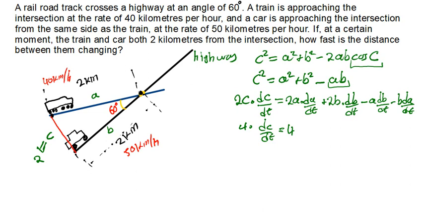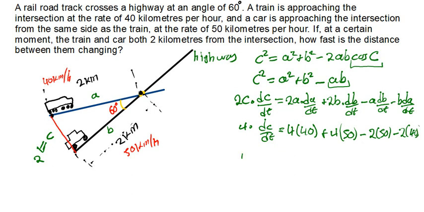In this case it is the distance of the train. I've indicated a for the train and b for the car. So we are dealing with 40 kilometers per hour, plus 2b, and our b is also 2, so 4, multiplied by dB/dt for the car, which is 50, minus our a, which is 2, multiplied by the 40 there.